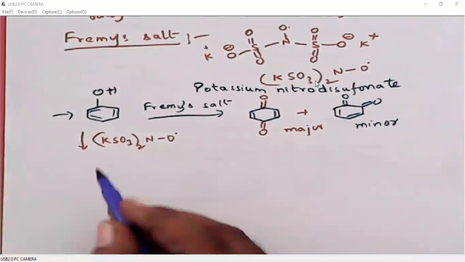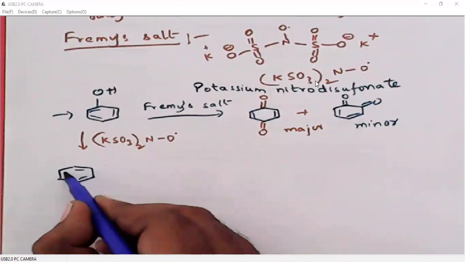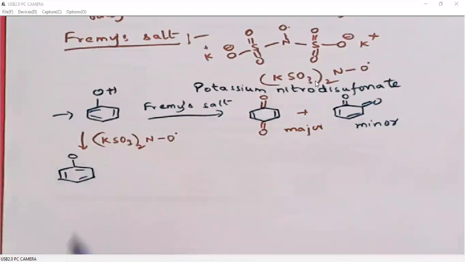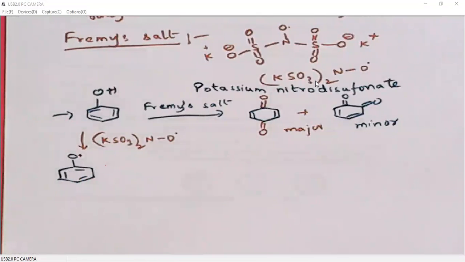When it picks up a hydrogen radical, what we have is a phenolic radical. Of course, it is like an allylic radical, it is a benzylic radical. It is stable. It can undergo resonance.